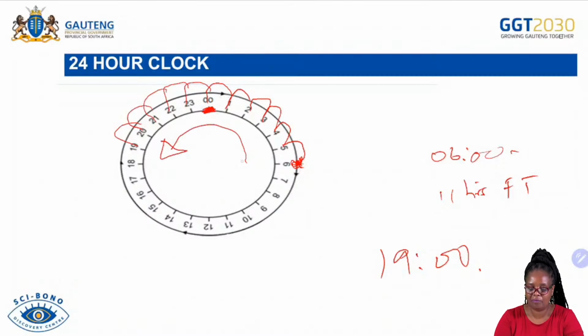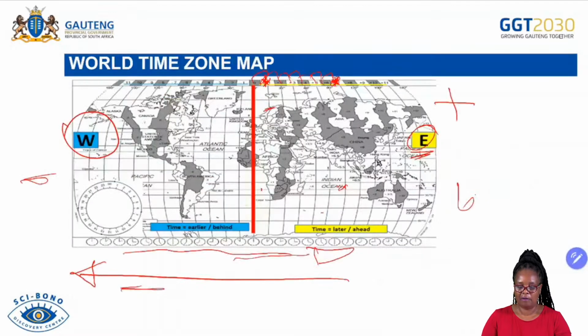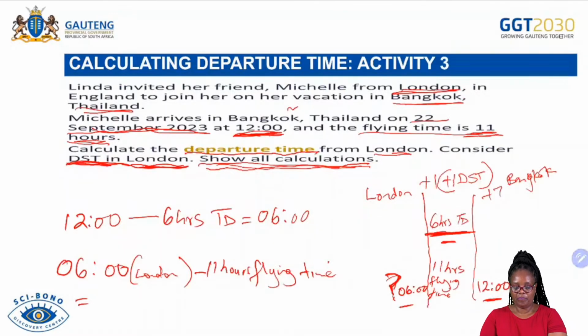So whatever date we are having in our scenario, it means we have to minus a day because we passed midnight going backward. Let's go back to our scenario and see.